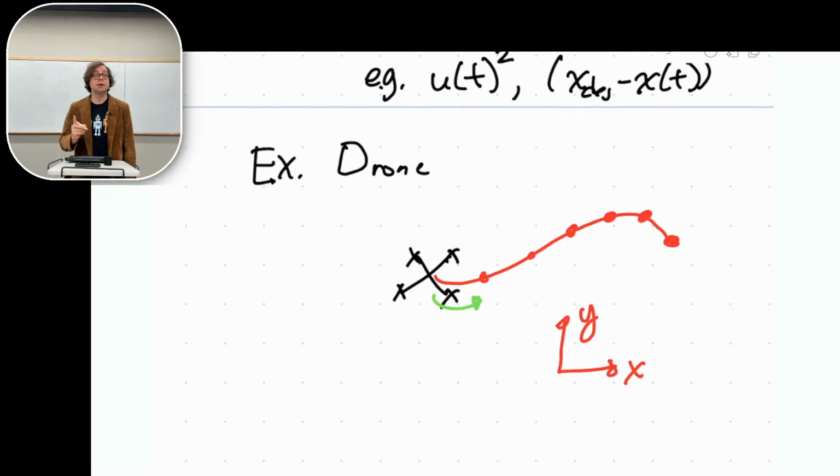But here's the thing. I now have a prediction of what my future states might be. So I can update my linearization with these new operating points. So you can iteratively update your linearization based on your prediction, and that's what a lot of people do.